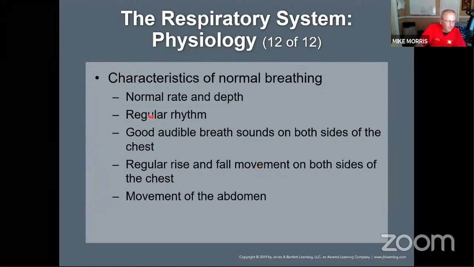And then here we go with the characteristics of normal breathing. It's important to understand, right? A normal rate and depth, regular rhythm. We need good audible breath sounds, the good sounds, not the stridor sounds, right? The regular chest rise and fall on both sides of the chest, right?